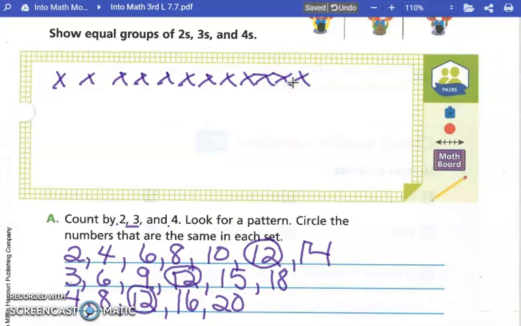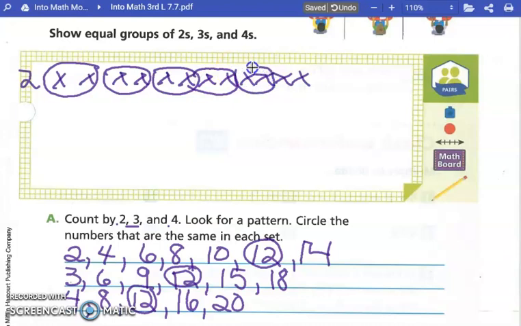Now if I'm making it into groups of 2, how many X's am I going to circle? 2. Does anybody know how many circles I should end up with? How many 2's are in 12? 6. Okay, so I'll write 2, 3, 4, 5, and 6.